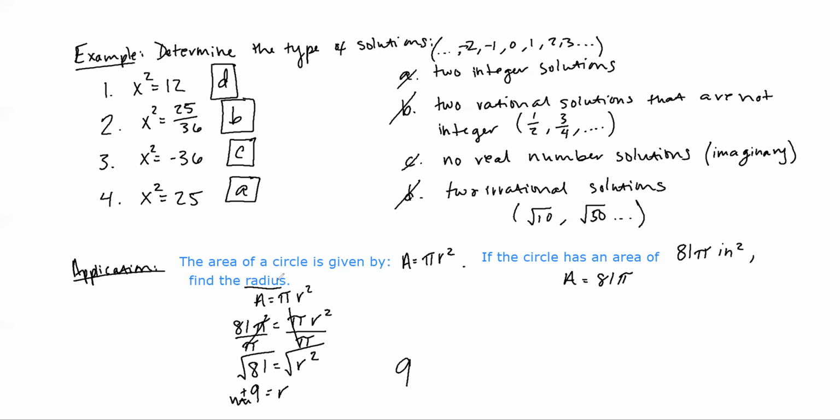And then because it's the radius, it's the length, it's going to be in inches. So 9 inches is the radius. So just remember with applications, you might not take both of the answers that you normally would.